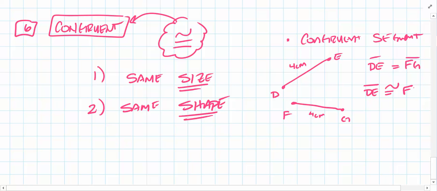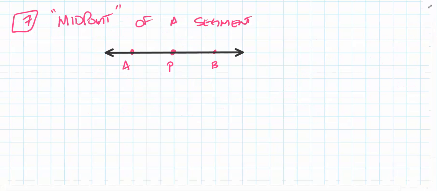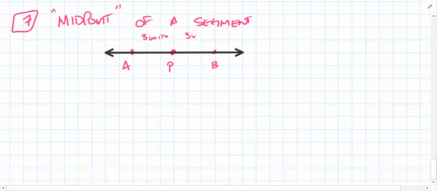What's the length of AP? 1, 2, 3. Is it 3 units? You guys cool with that? What's the length of PB? There you go. Alright. So we can say this. We can say AP, line segment, is equal to line segment PB. You guys agree with that part?